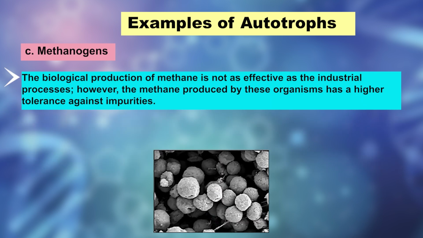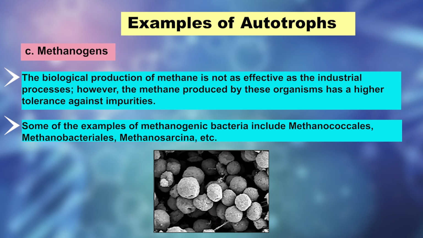The biological production of methane is not as effective as the industrial processes. However, the methane produced by these organisms has higher tolerance against impurities. Some examples of methanogenic bacteria include Methanococcus, Methanobacteriales, Methanosarcina and many others.